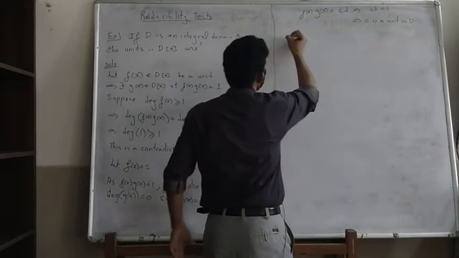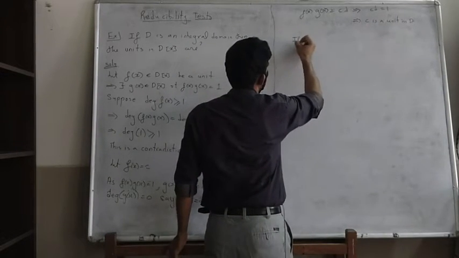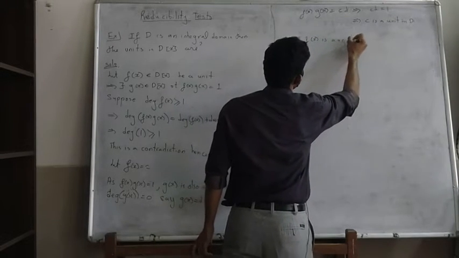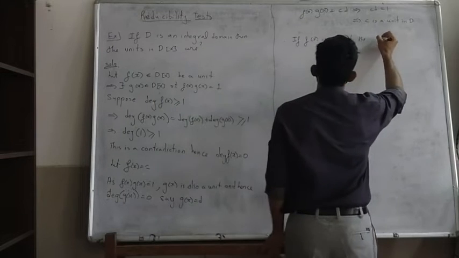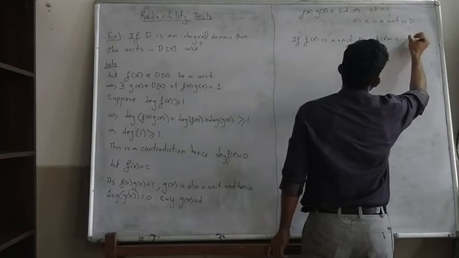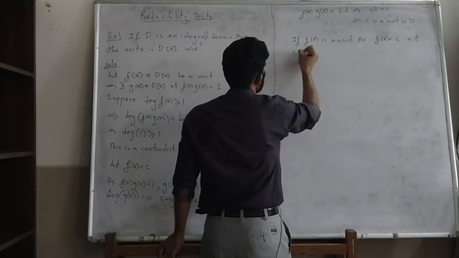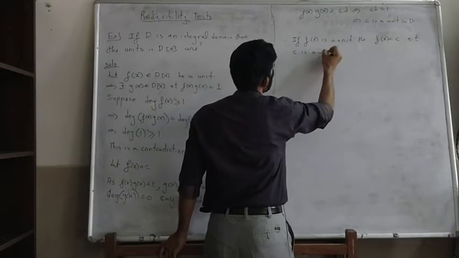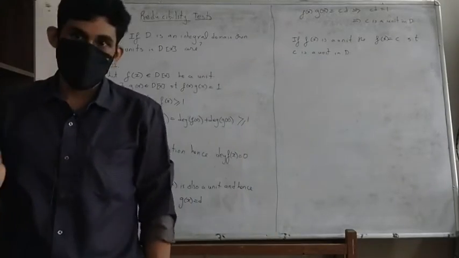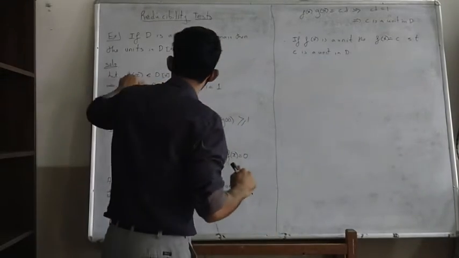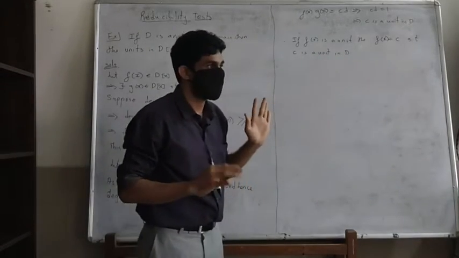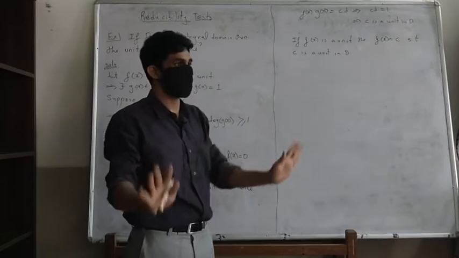So therefore, if f(x) is a unit, then f(x) is equal to some constant C such that C is a unit in D. Okay, so this is what I have seen, that if you have a unit, it can be only a constant polynomial where the constant is a unit.